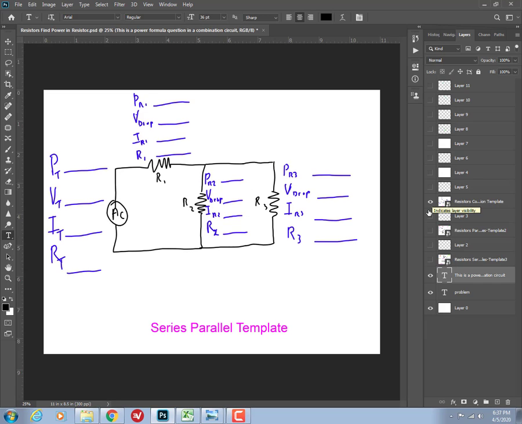Okay, so this is our template, and we have R1. Let's start labeling.